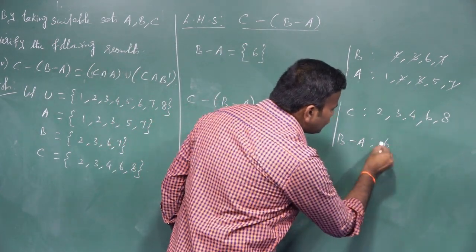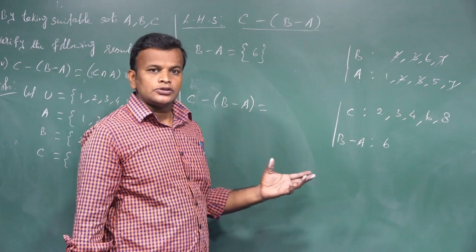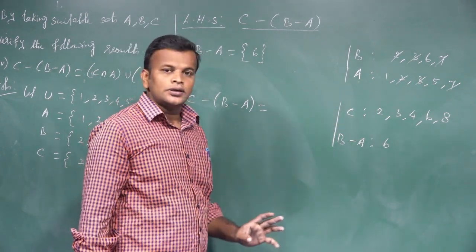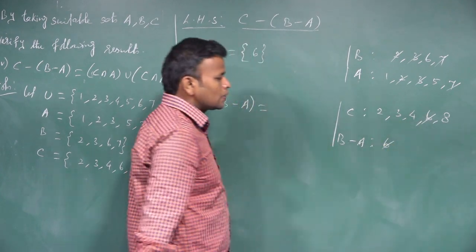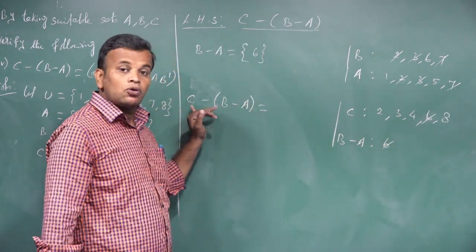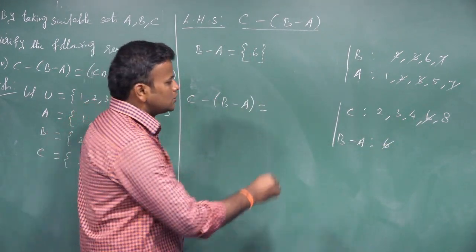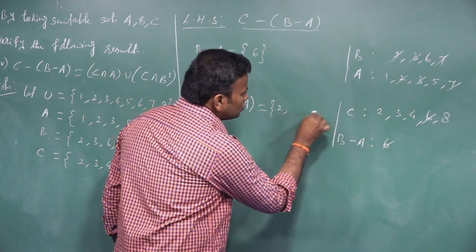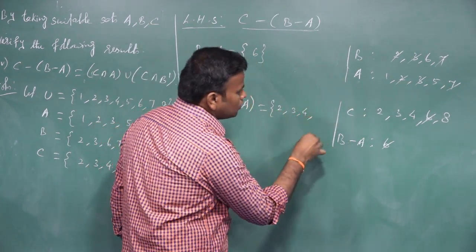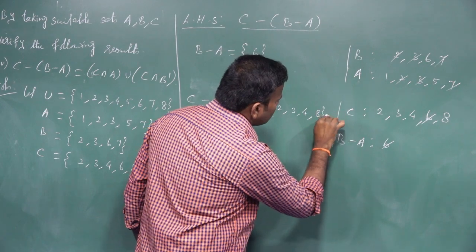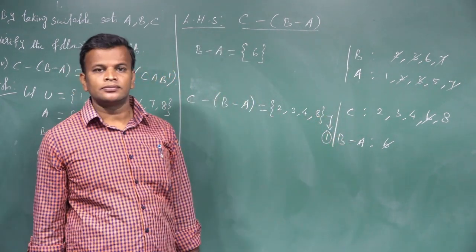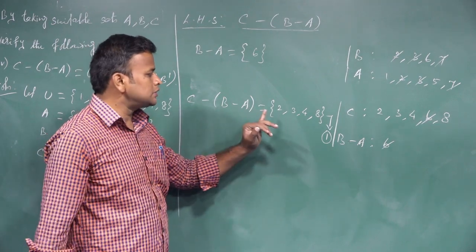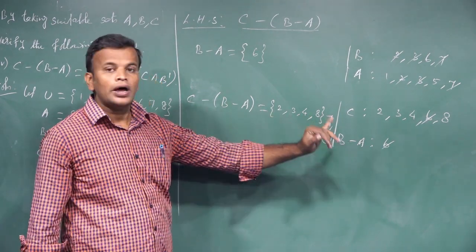Whenever we find the difference, we don't get confused, we write it side by side and strike out the common element. What is the common element here? 6. What is our first set? C. So what are the remaining elements in C? 2, 3, 4, 8. So I put it as the first equation. So LHS contains 4 elements: 2, 3, 4, 8.